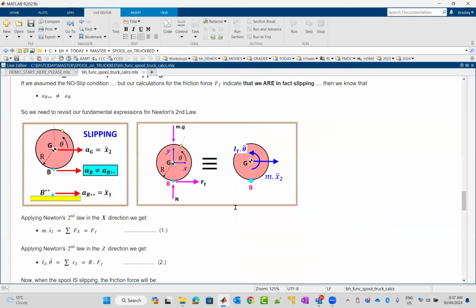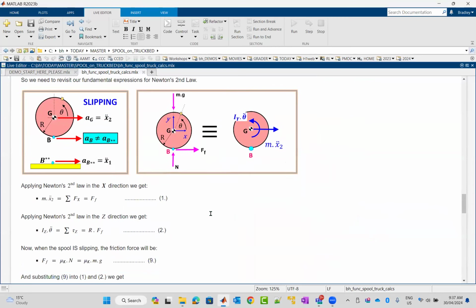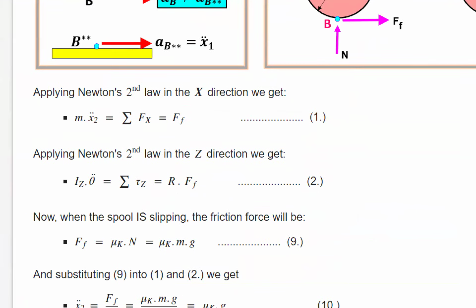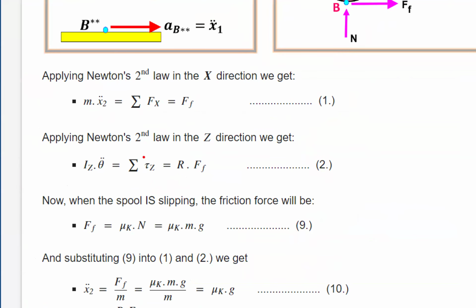Given that we can't do that, we need to go back to the safe place, which is Newton. What does Newton's second law tell us? So we go back to the Newton equations of motion. Here's one, and we also have our other angular Newton equation of motion. And remember, right now the thing is rolling and sliding.